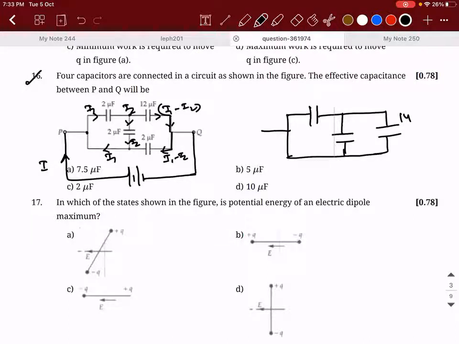Sir, we are only having capacitance. So how can we apply Kirchhoff's law, sir? You can still apply it, but only thing is, I wrote it for the sake of reference. Kirchhoff's law is still applicable in this case also. Sir, it's only applicable for EMF and current only.